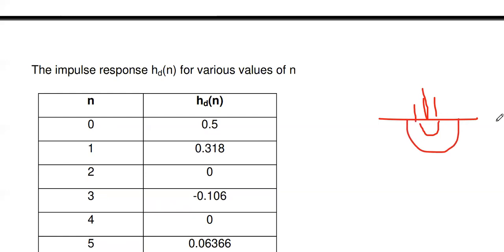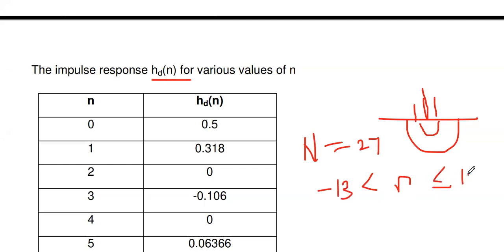Similarly, w of 2 and w of minus 2 are also equal. Similarly, our impulse response is also symmetric about n equal to 0. So for capital N equal to 27, n ranges from minus (N minus 1)/2 to plus (N minus 1)/2, that means minus 13 to plus 13, which we have to calculate.